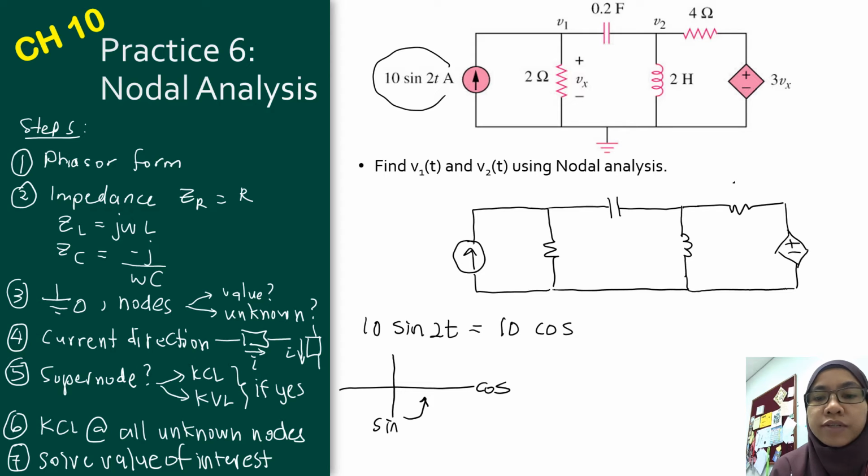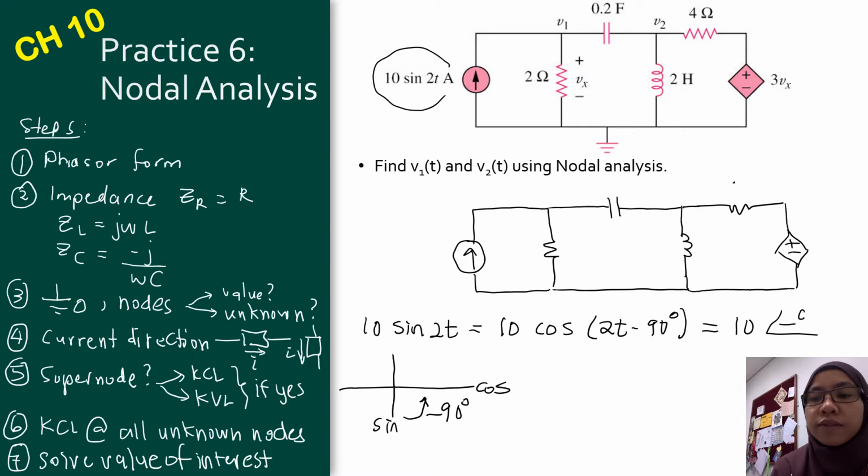To convert from sine to cosine, you subtract 90 degrees, so 2t minus 90 degrees. In phasor form, the amplitude is 10 and the angle is negative 90 degrees, in amperes. We can write down this value in the phasor form diagram, 10 at negative 90 degrees.